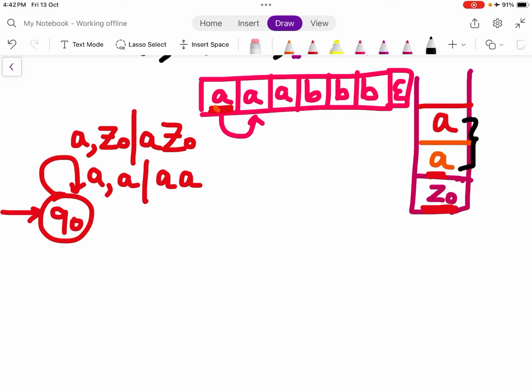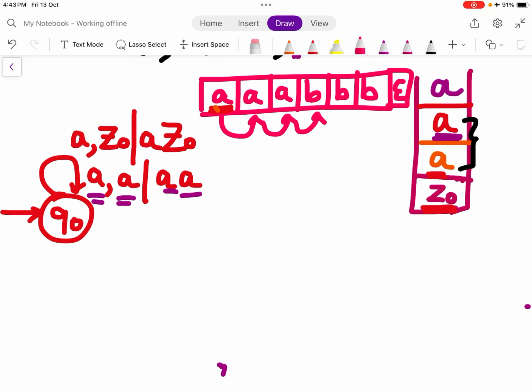Next the read write head moves one step forward, finds an A again. On top of the stack also we have an A. So you get A. That means this A will also be pushed inside the stack. Now the read write head moves one step ahead.